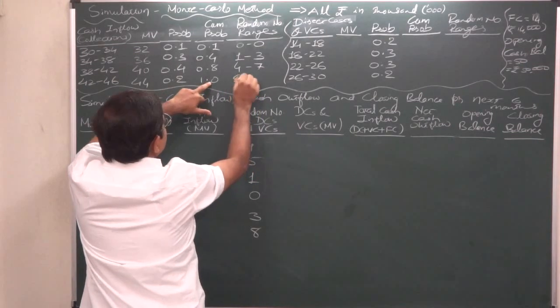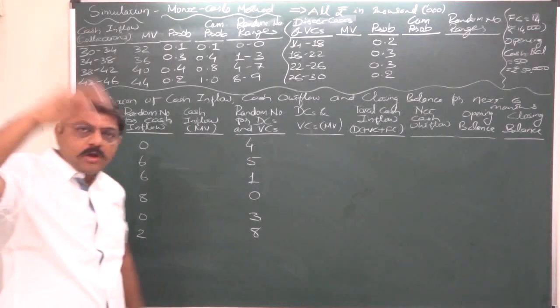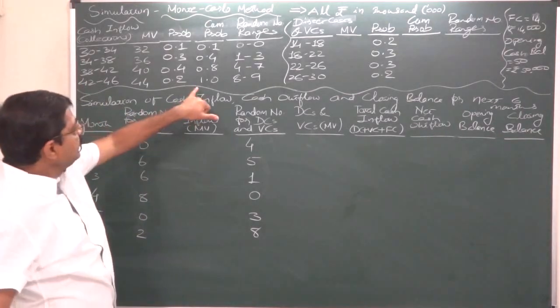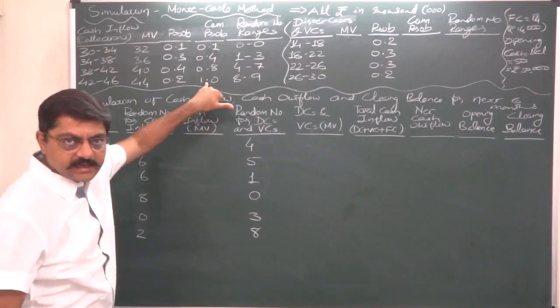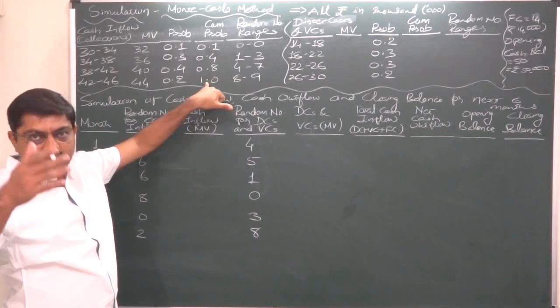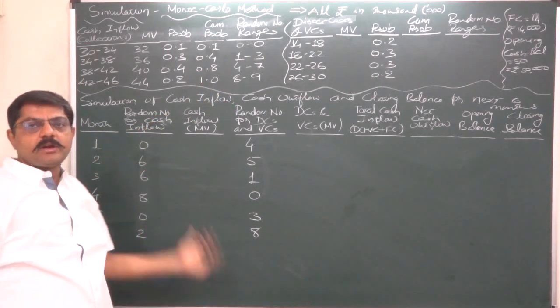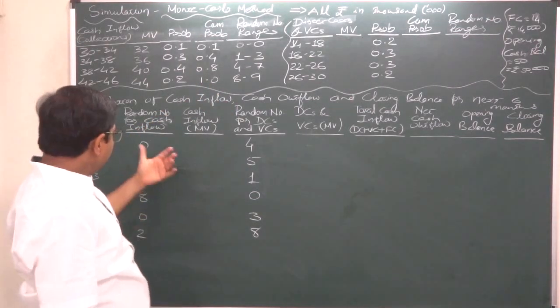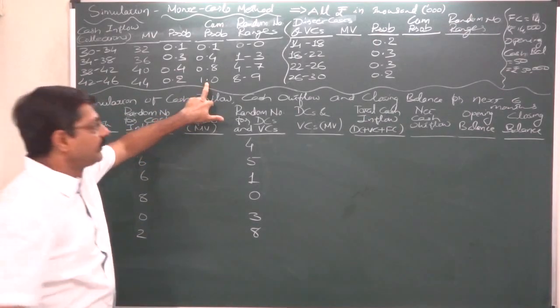And then 8 to 10 minus 1, 9. So in all previous cases, we were considering total as 100, as percentage frequency, because the random numbers were in single or 2 digits. Here they are only in single digits. We have to consider this total as if it is 10.